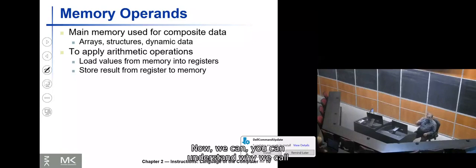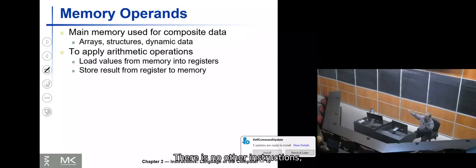Now you can understand why we call these RISC machines load store machines. Load store machines means those processors who have only load and store instructions to work with memory. There is no other instructions, only load and store.